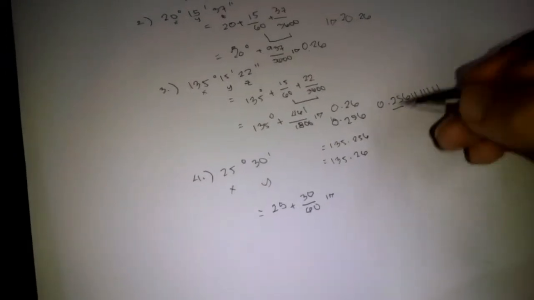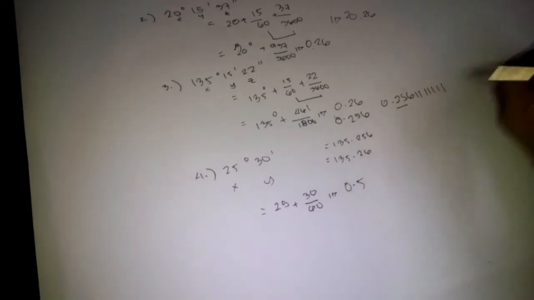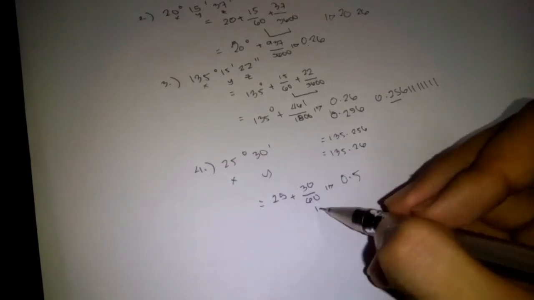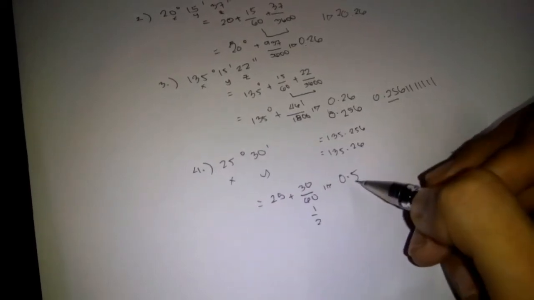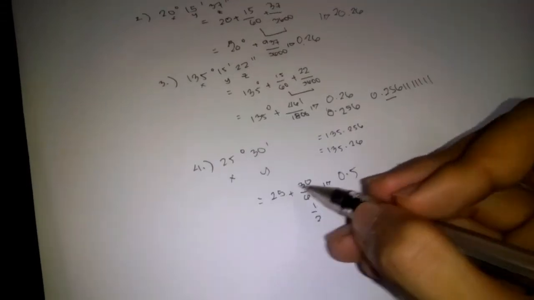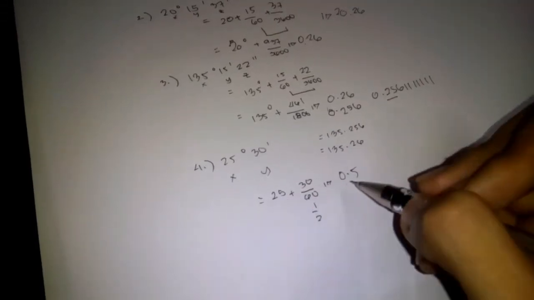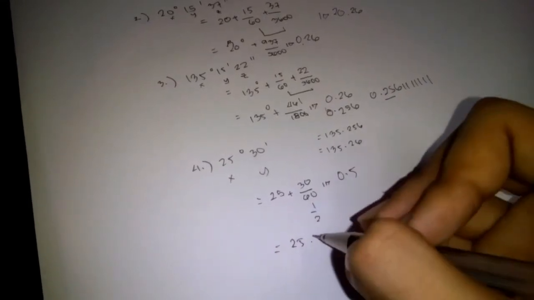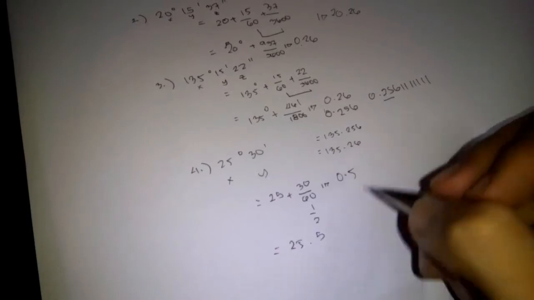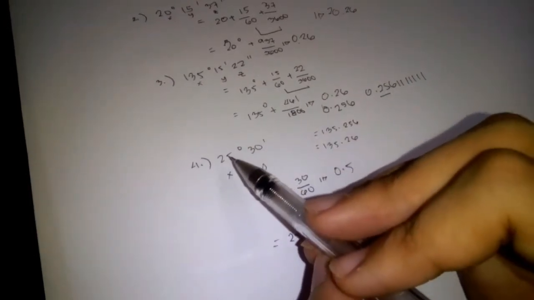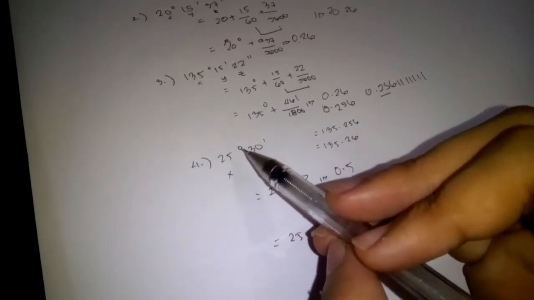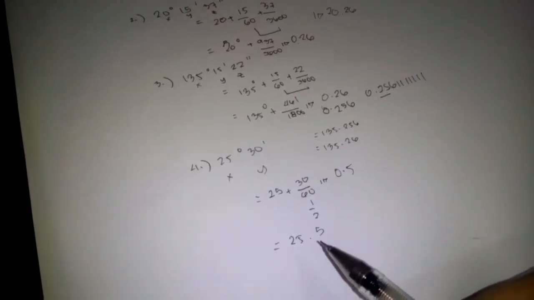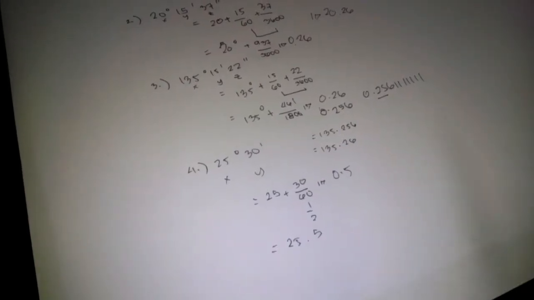It will be 0.5, because if we simplify this, it will be 1 half, and 1 divided by 2 is 0.5. Add 25 and 5 tenths. The answer will be 25 and 5 tenths. So we conclude that 25 degrees and 30 minutes is equivalent to 25 and 5 tenths.